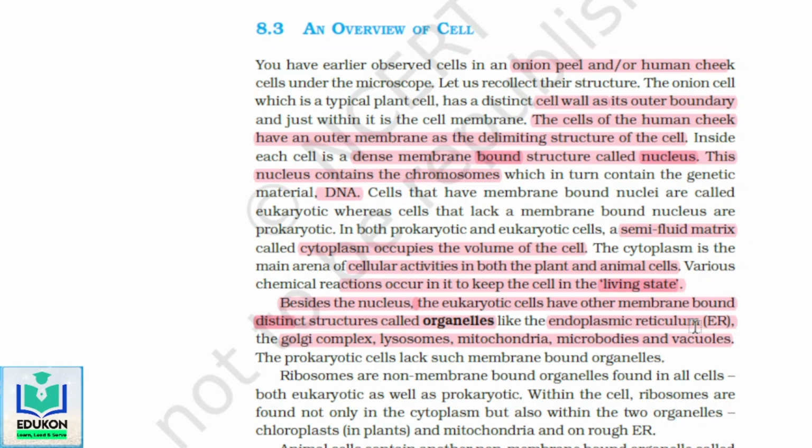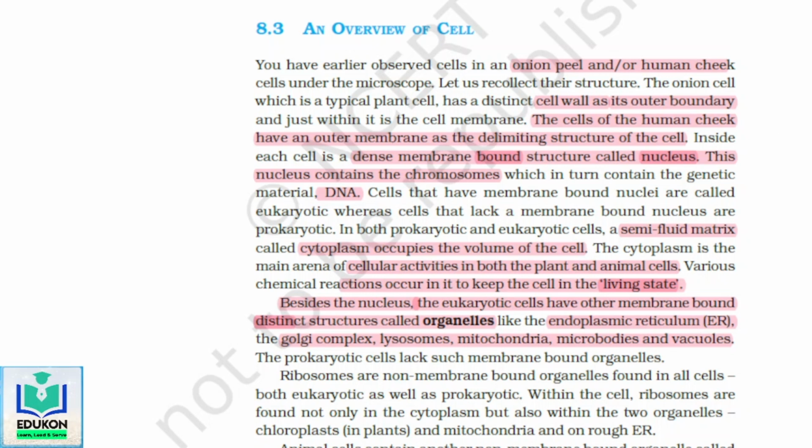Now the difference: eukaryotic cells have a membrane around the nucleus, whereas in prokaryotes the genetic material is naked and exposed. Besides that, eukaryotic cells contain membrane-bound organelles in the cytoplasm, like endoplasmic reticulum, Golgi complex, lysosomes, microbodies and mitochondria, which are totally absent in prokaryotic cells.